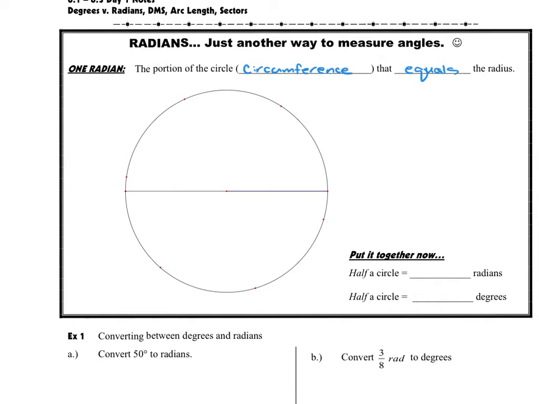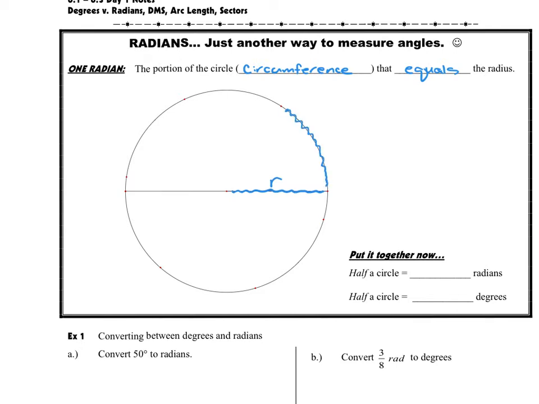So really what we're talking about is that the length of the arc is the same as the length of a radius. So we would have a length right here of, let's say, r units, our radius, and that length is going to be the same as this length right here.